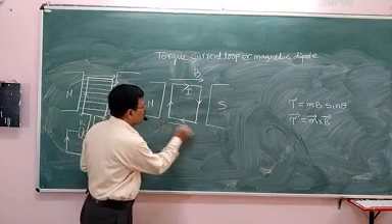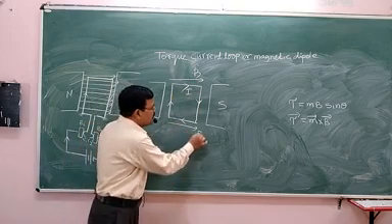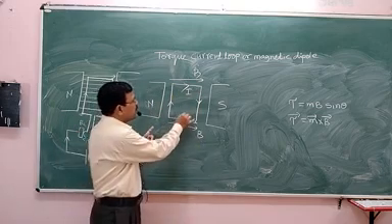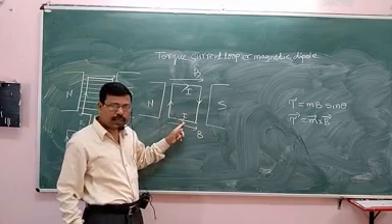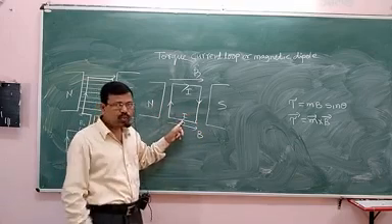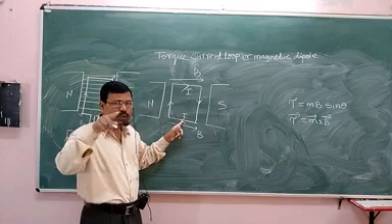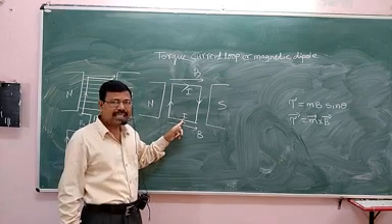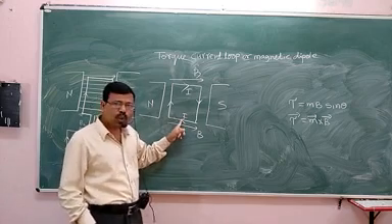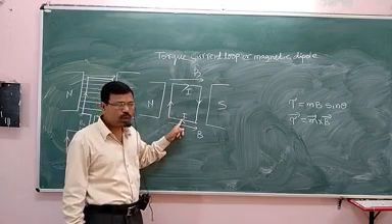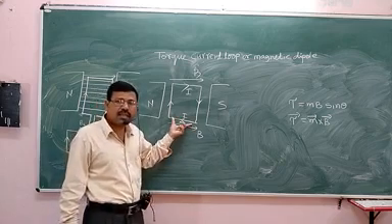Here also, the direction of the magnetic field and the direction of the current are opposite, anti-parallel. Theta is 180 degrees. According to force is equal to BIl sin theta, theta is equal to 180, sin 180 is 0. So this does not experience any force.